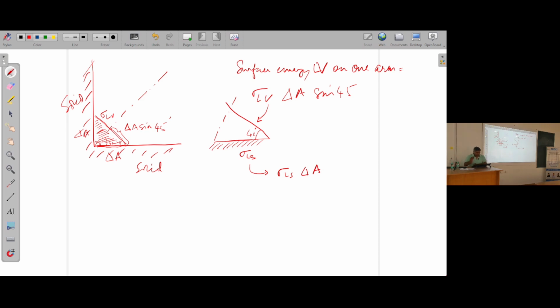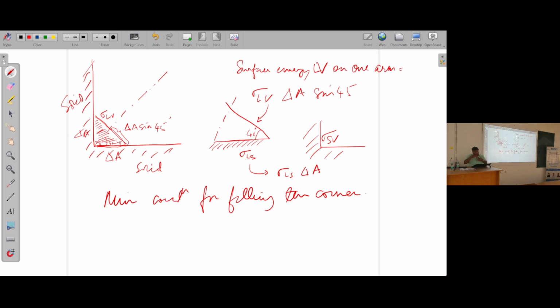So if you want to fill this corner, the minimum condition for filling the corner: if the corner was completely empty, so this is a corner and it's not filled, the surface energy here is sigma SV. This is the solid-vapor surface energy when this is an empty corner.